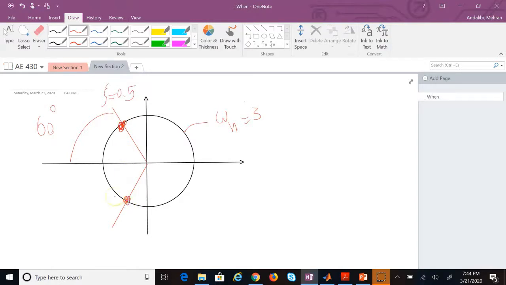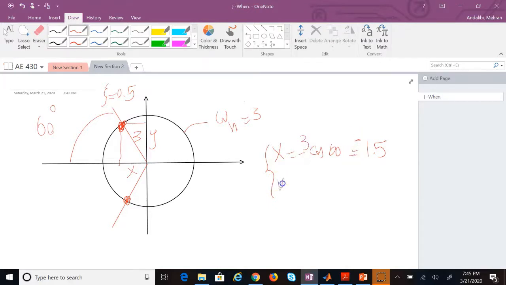Where are they? Well, I don't think that's so hard, because this radius is 3 and this angle is 60 degrees. If I call this x and this y, clearly x is 3 cosine 60, which is 1.5. If I include the sign, it is going to be negative 1.5.